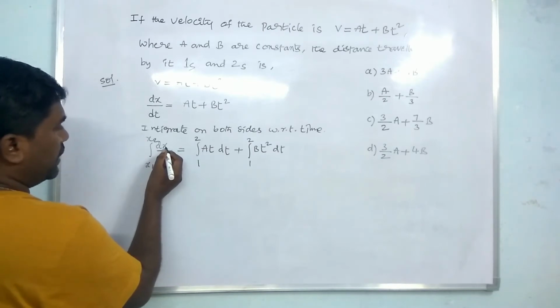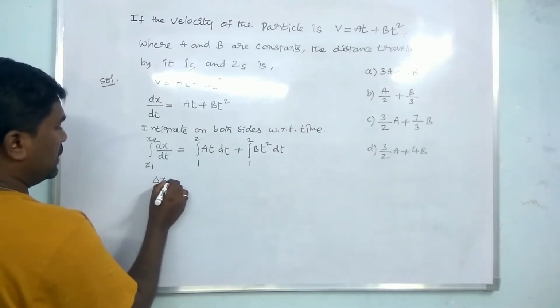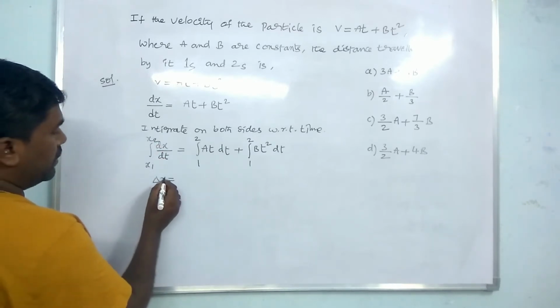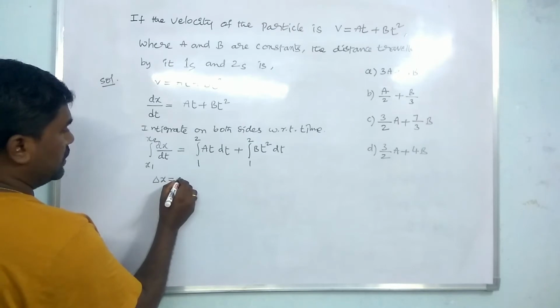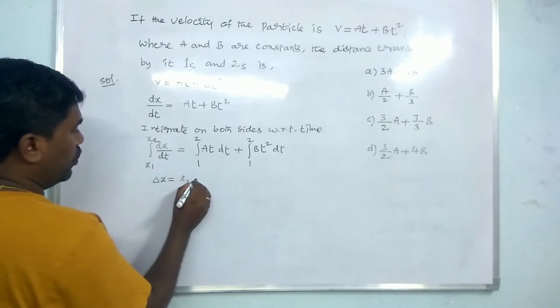So this integral of dx by dt is equal to delta x, which is nothing but x2 minus x1, upper limit minus lower limit.